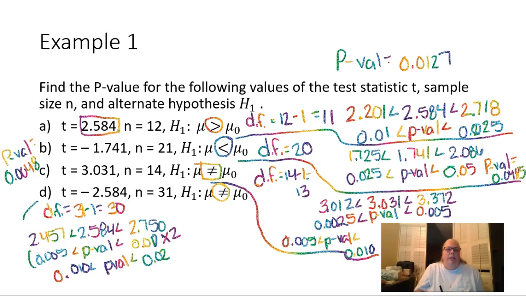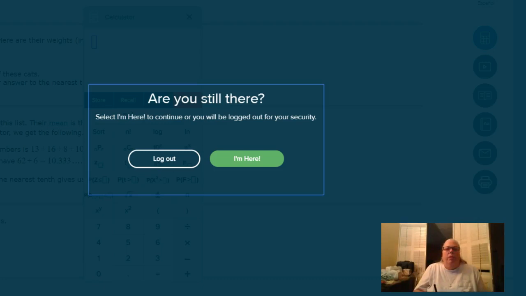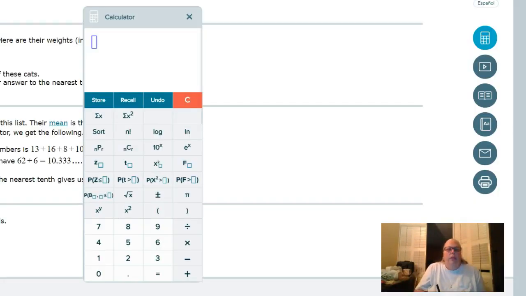And we can pull up the ALEKS calculator and get our exact value for this, with 30 degrees of freedom. 0.0074.